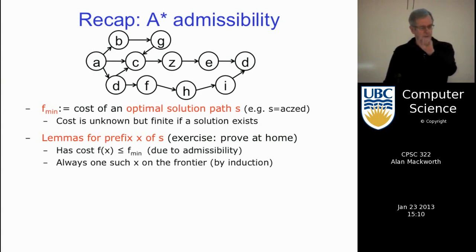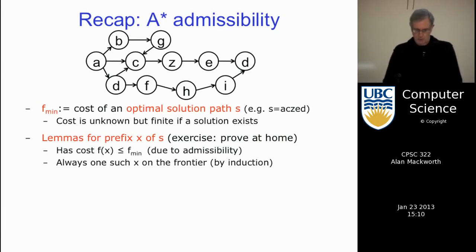Sometimes we use the node at the end of the path, sometimes we use the path itself, because the g value, the cost up to that node we know, and the h value from that node on depends only on the end node. That cost must always be less than or equal to f min, because the h value always underestimates the cost. So h is guessing what it costs to go from z to d, and it's got to be less than or equal to the actual cost, which is the sum of the two arc costs, ZE and ED, right? So that must always be true for any prefix on an optimal path.